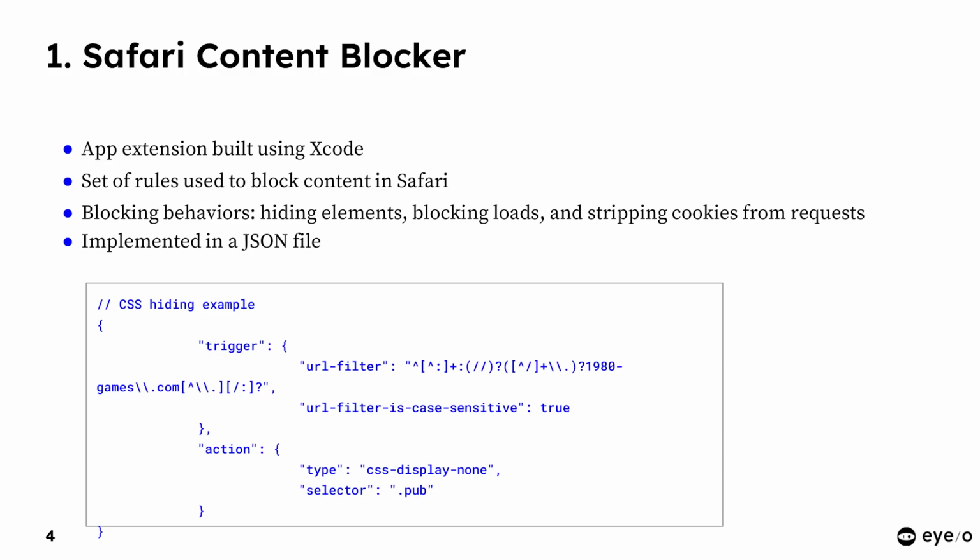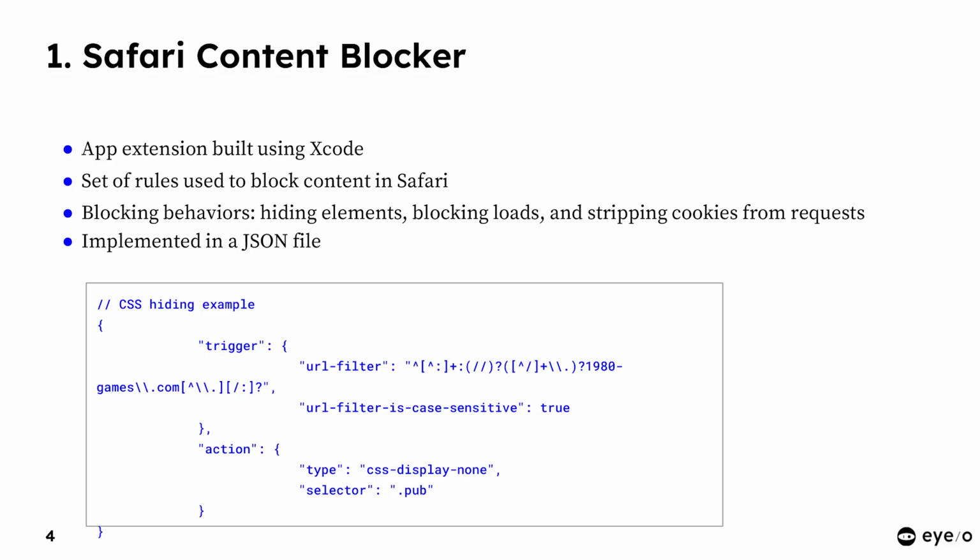Content blocker in iOS, you can do that. You make an app that has an extension inside. It's built using Xcode, and it basically consists of a set of rules to block content in Safari.